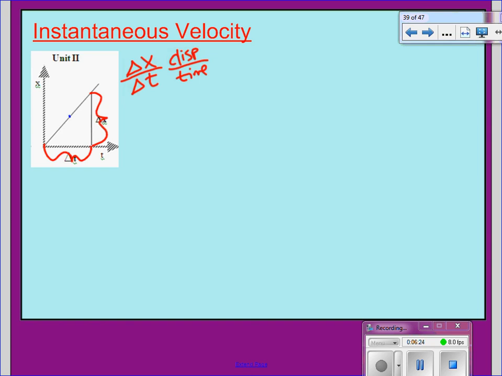So if I took the slope at that point, that would tell me what my instantaneous velocity was. But notice, the slope at that individual point would also be the exact same slope if I were to take the average. So when the object is moving at a constant velocity, the average velocity is also the same thing as the instantaneous velocity.